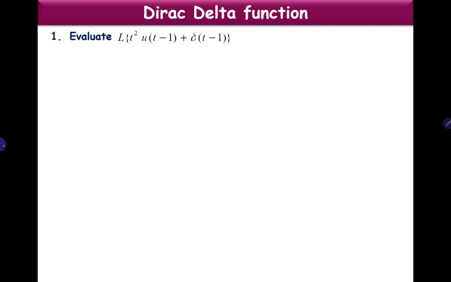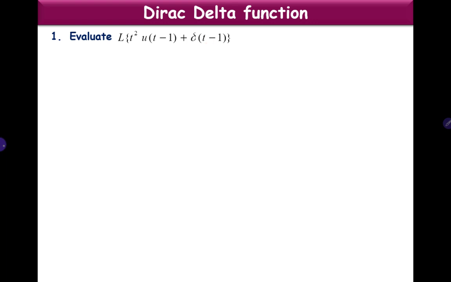First one is evaluate the Laplace transform of t square into u of t minus 1 plus delta of t minus 1. Here u of t minus 1 is the unit step function and delta of t minus 1 is the unit impulse function or Dirac delta function.